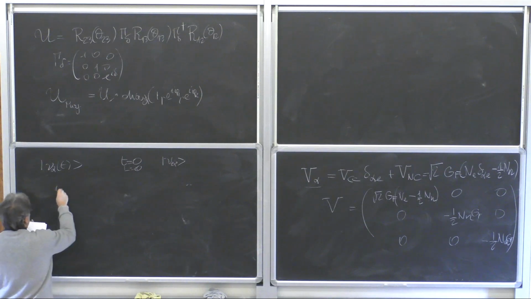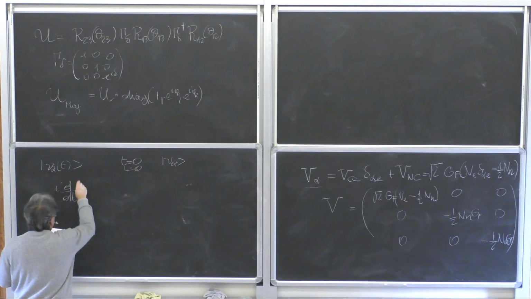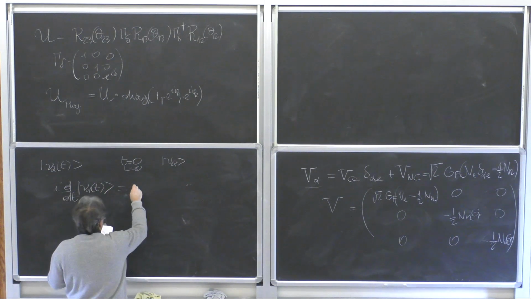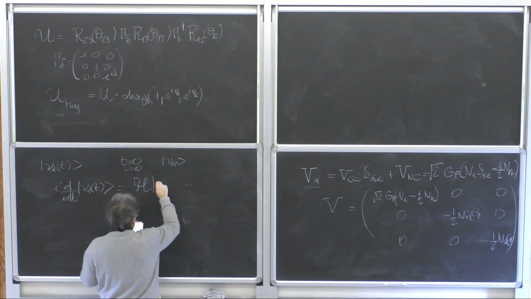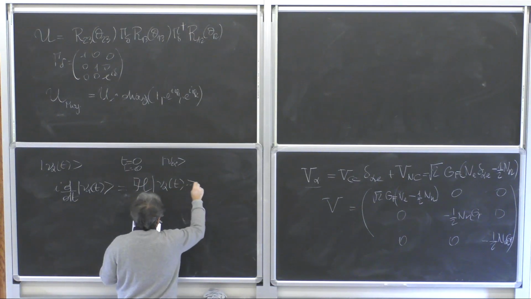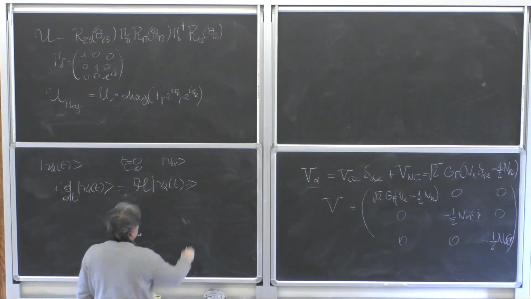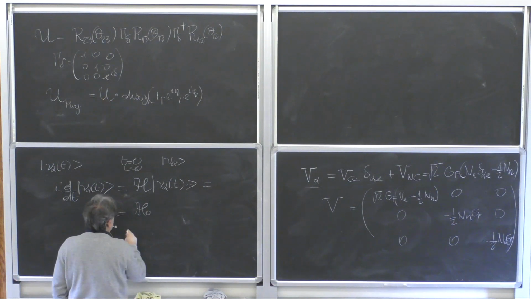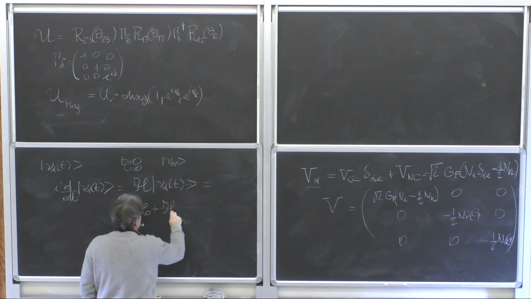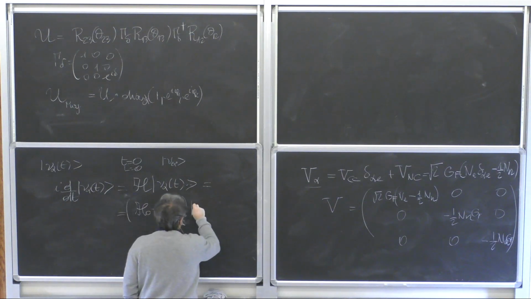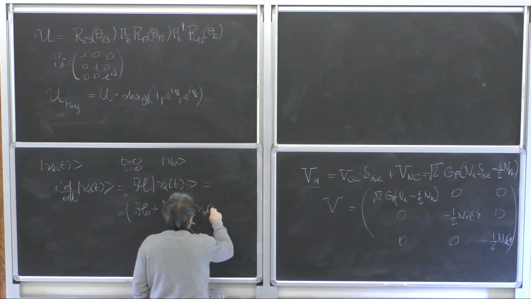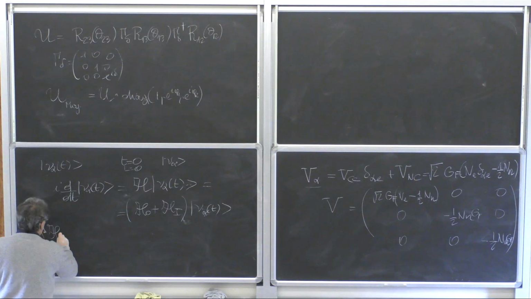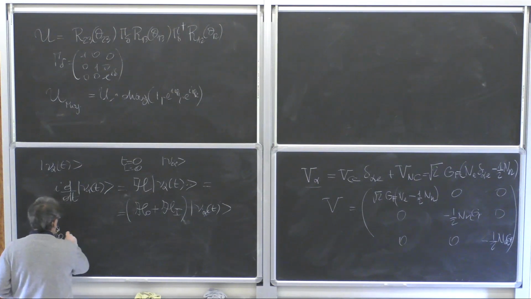Your Schrödinger equation is i d/dt ν_α(t) = H ν_α(t), and we can write H as the free Hamiltonian plus the interaction Hamiltonian. Okay, the free Hamiltonian in the mass basis is diagonal.